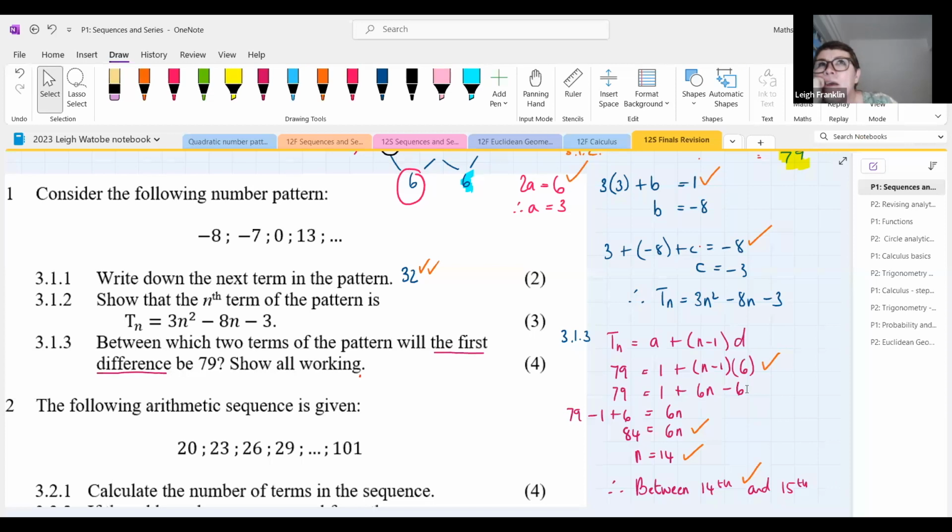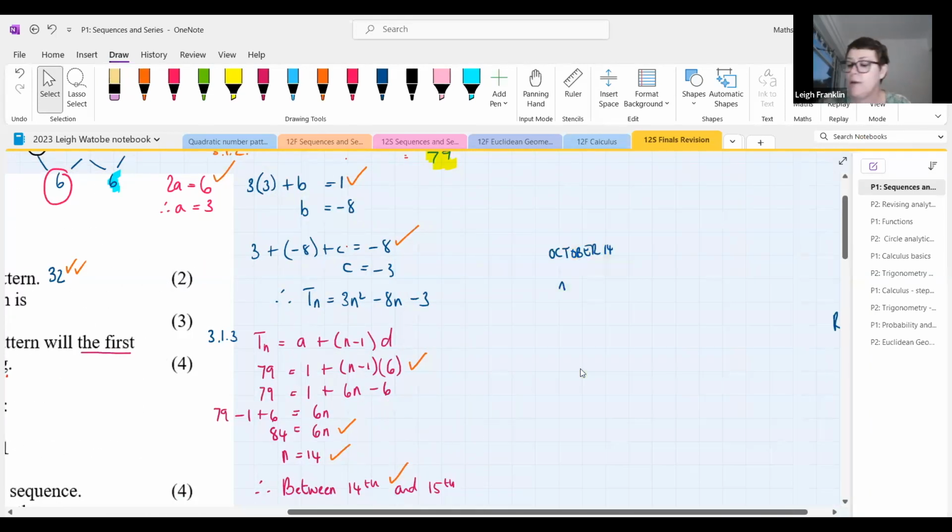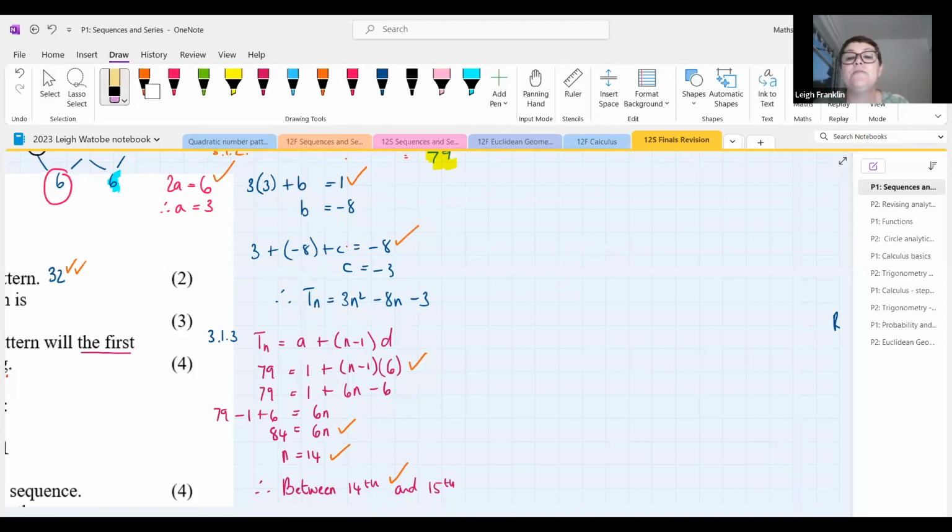Yes, I think it would be fine if you did something like this. Because they're talking about the difference between the terms, right? So maybe if you did something like this, it would be a little bit longer algebraically, but you know that your nth term is 3n squared minus 8n minus 3.